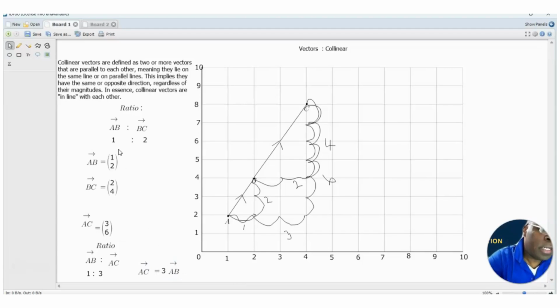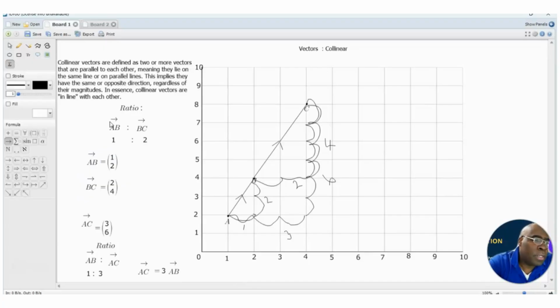So you notice what I did? I wrote down the vectors for the respective parts of the line. Then I looked for the ratio and expressed the ratio. That is it. So let's put it into steps quickly.